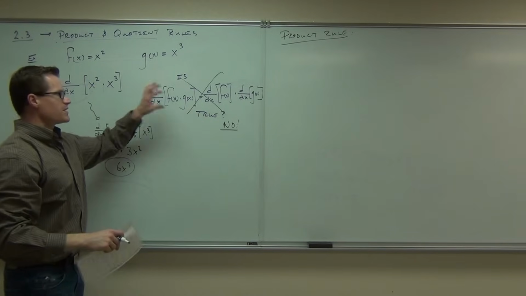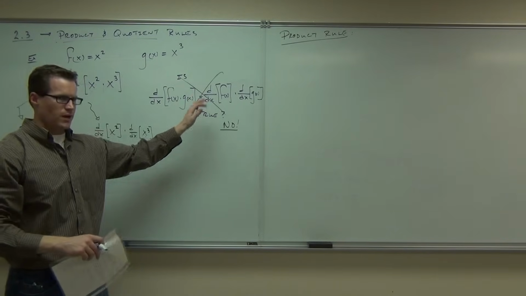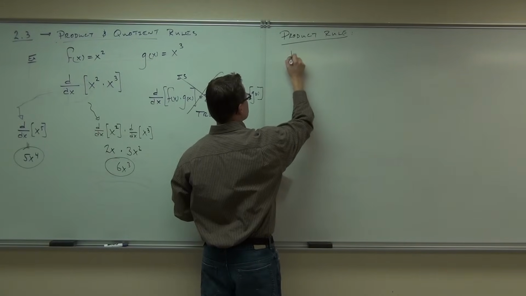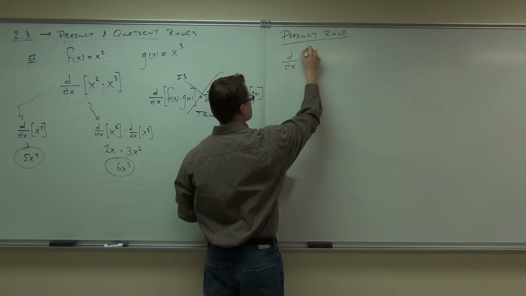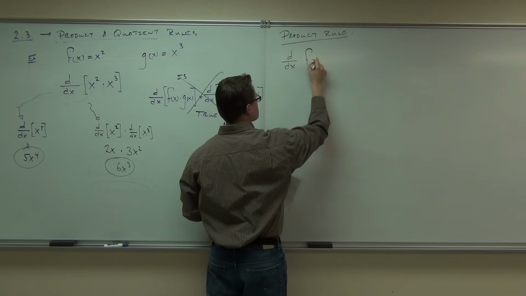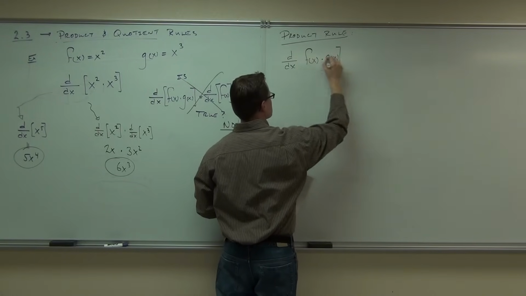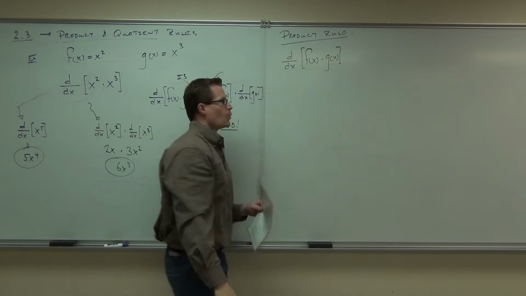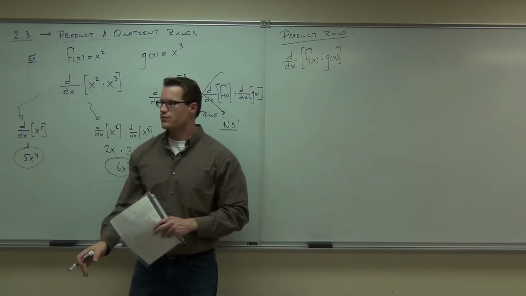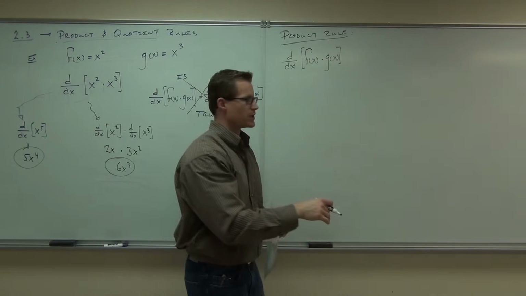Product rule says, well, if this doesn't work, what is the correct way? What do you do if you have one function times another function? You're trying to find the derivative of those things.